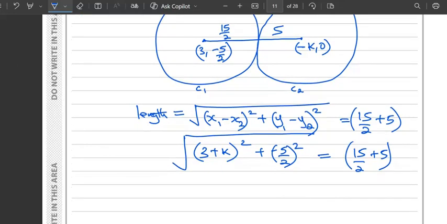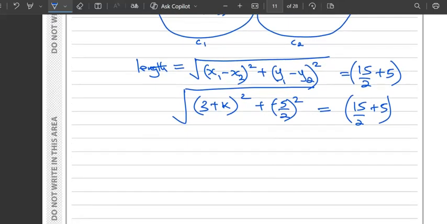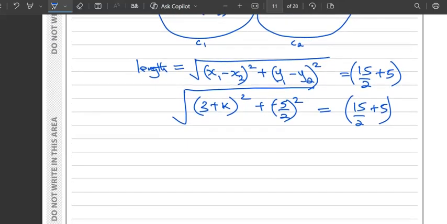Simplifying this, of course we can get rid of the square root at this point by squaring both sides.